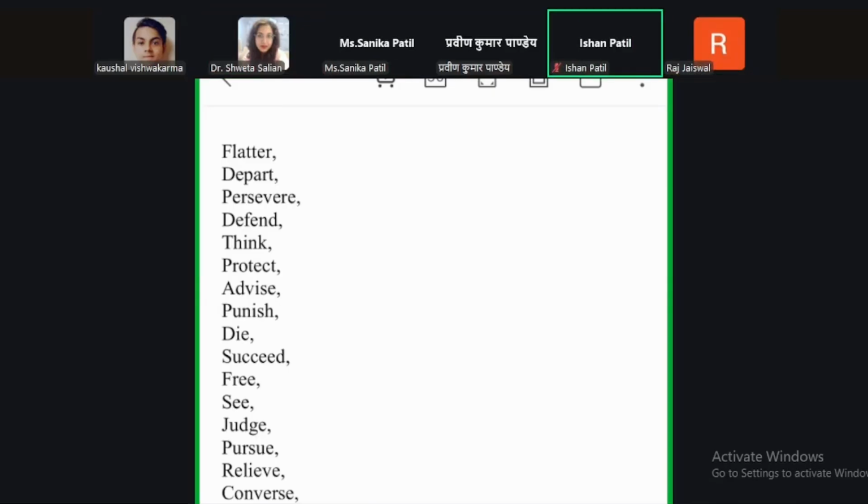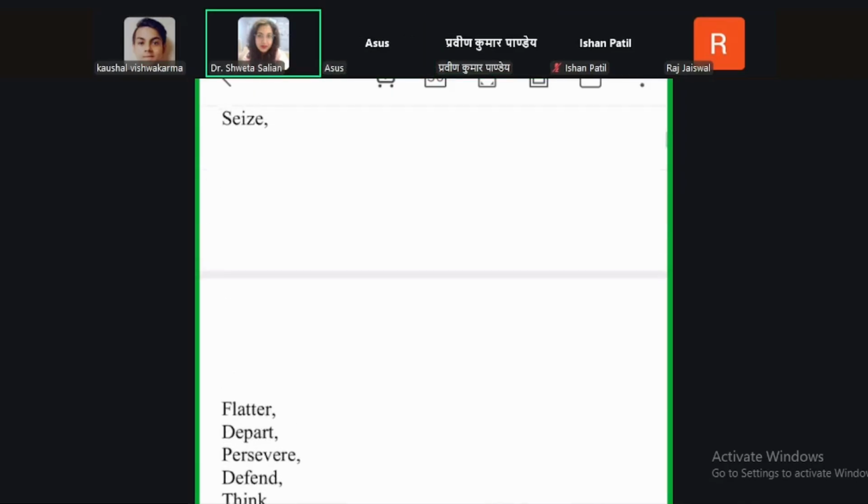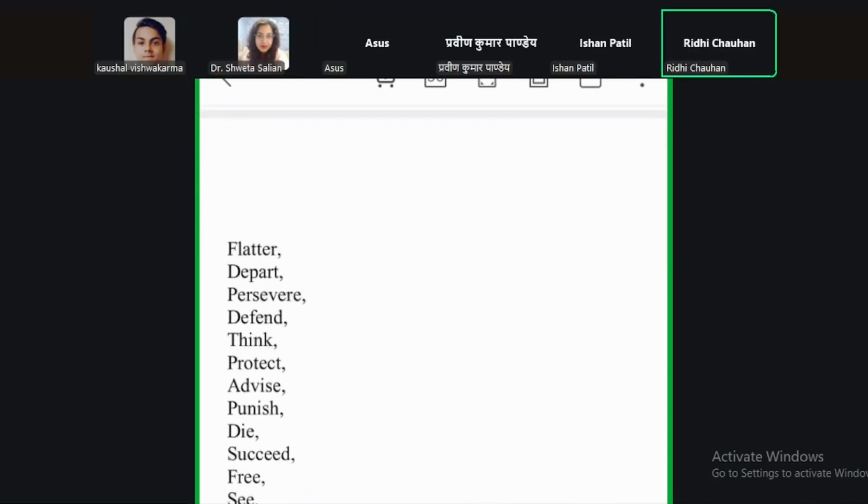Advice with CE. Like defense is with CE, similarly advice is also with CE. Advisor. And SE is what form? The verb. SE is the verb and CE is the abstract noun.